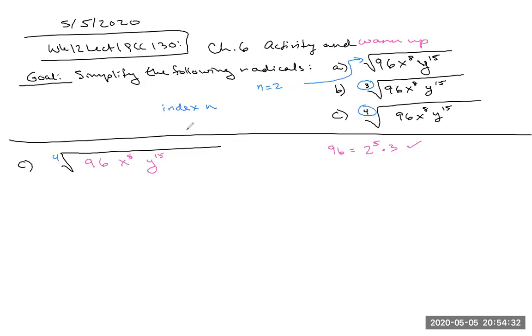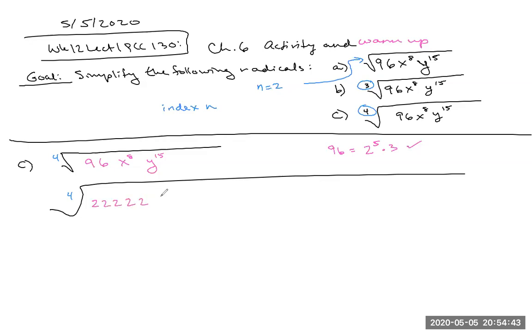So, 4th root. Okay, all these 2's are multiplied together, multiplied by 3. So now, similarly, look for groups of 4.